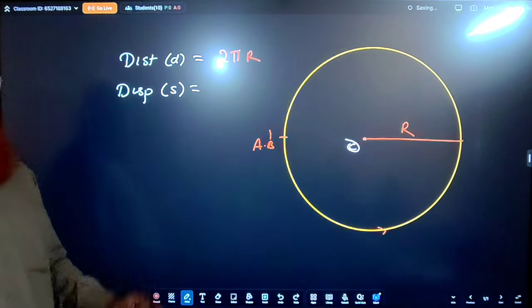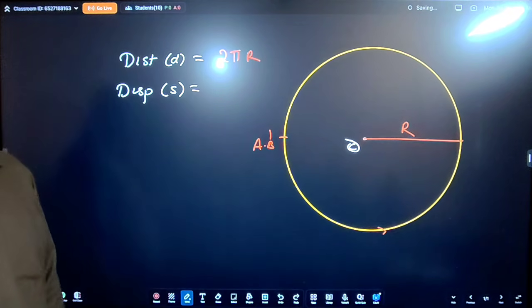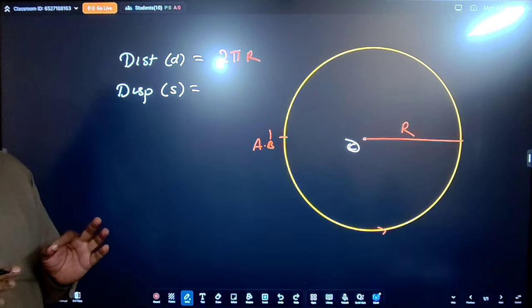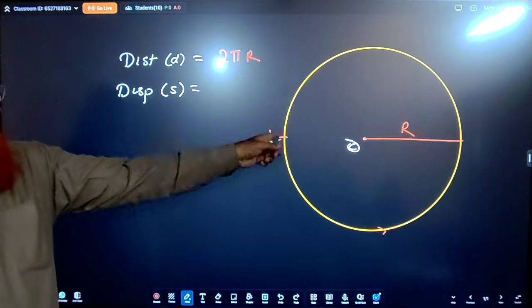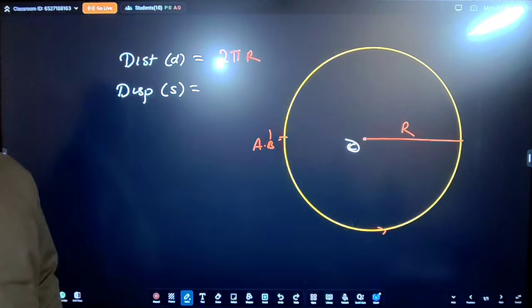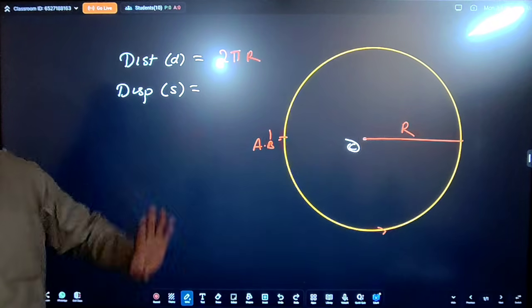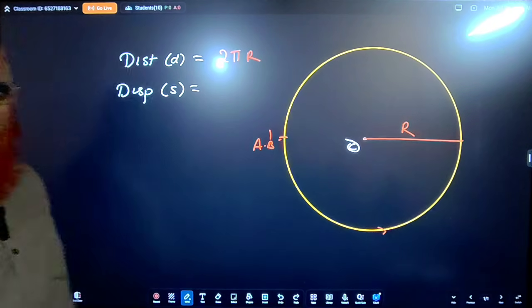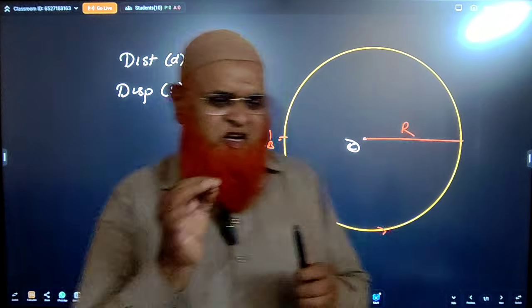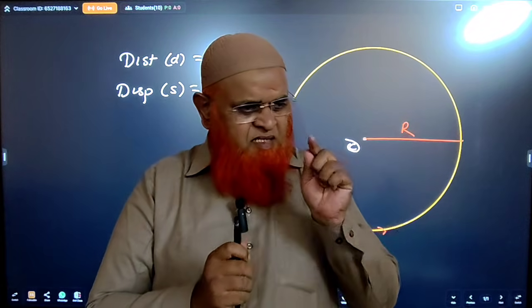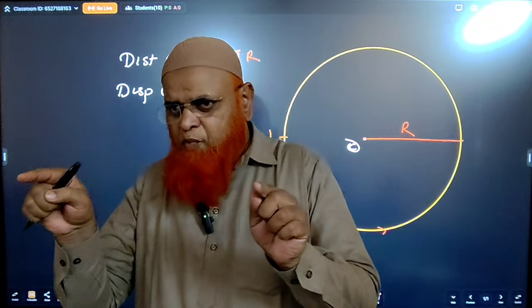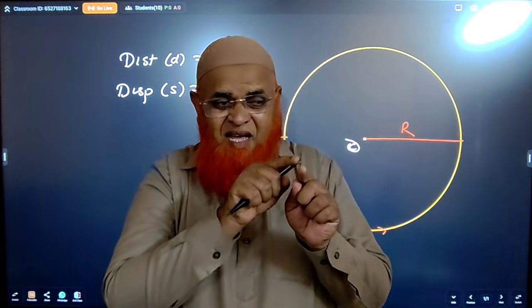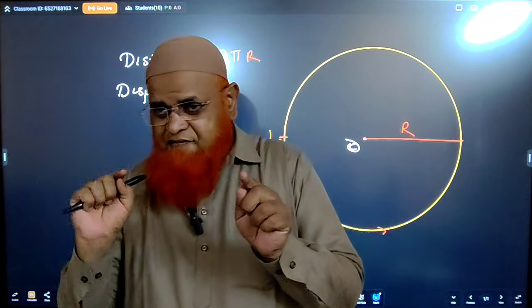Understand? And what is the meaning of displacement? Displacement is nothing but initial point is A, final point is also A only, that is, B is also at A only. A simple definition of displacement is the starting point and the ending point, and the distance between the two points, which can be explained as a straight line distance.